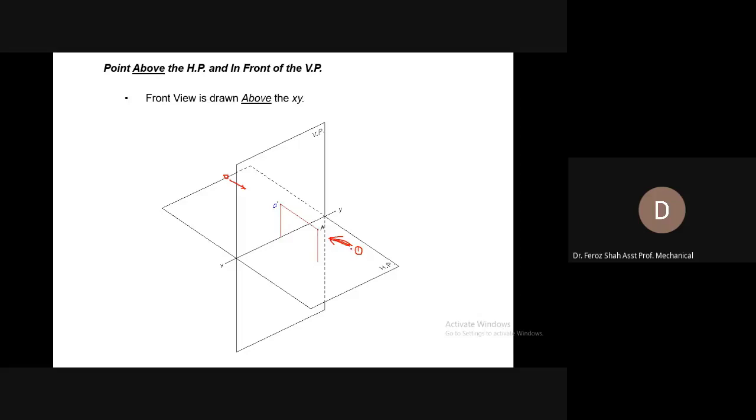In this case, the point is between the observer and the plane of projection. So always the front view would be drawn on the vertical plane, and the front view would be annotated with a prime on it and with a lowercase letter.